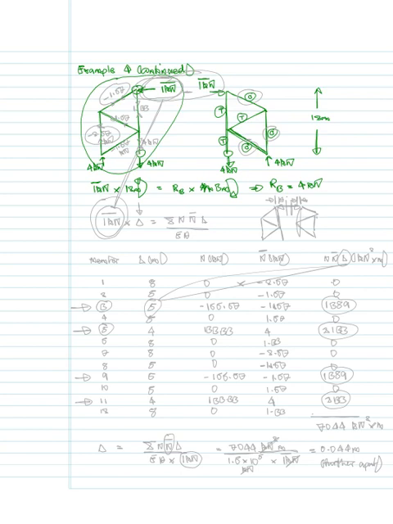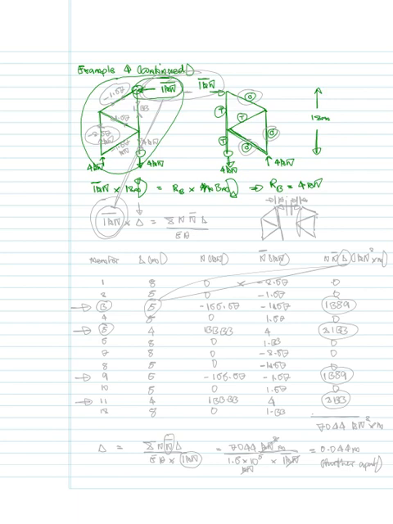Now if you remember back to example 3, this 1 kilonewton was acting in the opposite direction. Here it's acting from right to left, but in the previous example it acted from left to right. So we've actually already calculated all of the values before, they just have to be reversed in sign.